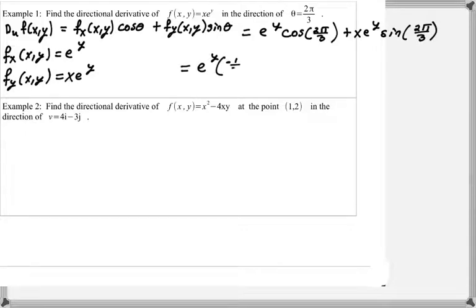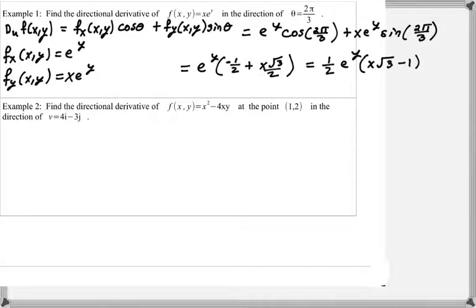So it's going to give us e^y times negative 1/2, plus x times square root of 3 over 2, or 1/2 e^y times the quantity x root 3 minus 1.